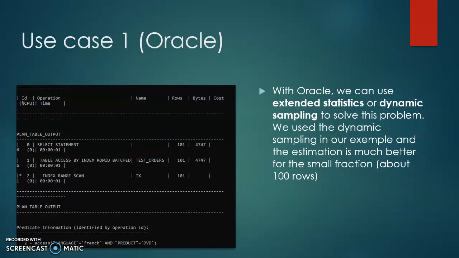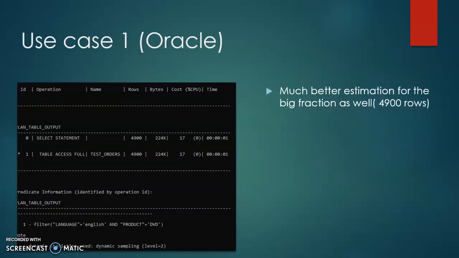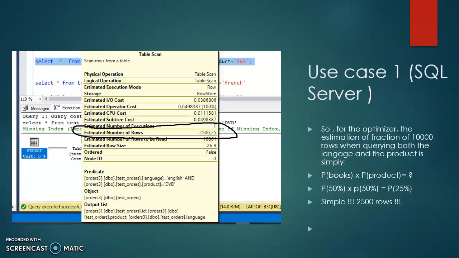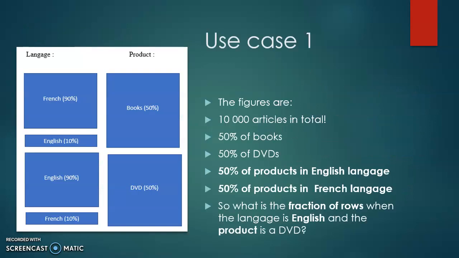And let's go further. For the big fraction as well, the estimation was much better. So it estimated that we have 4,900 rows, and it corresponds exactly to the big fraction we have here.